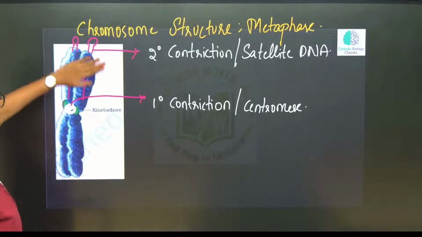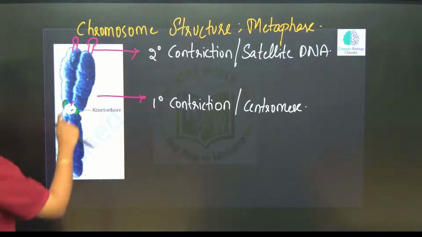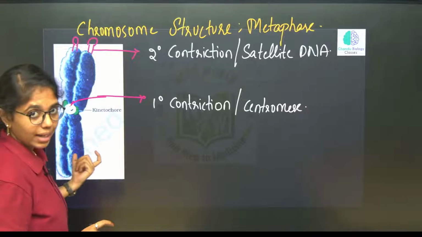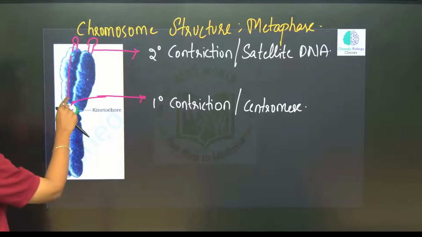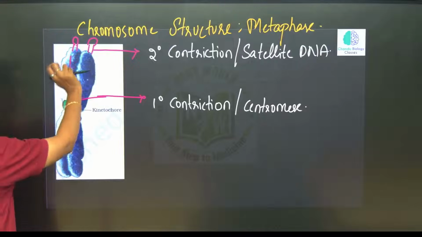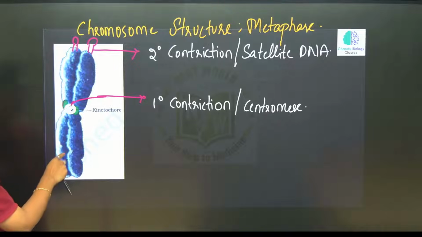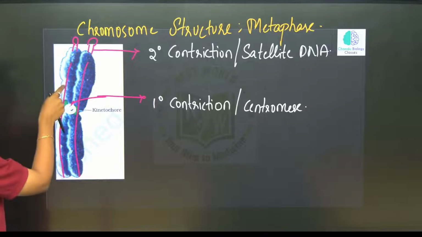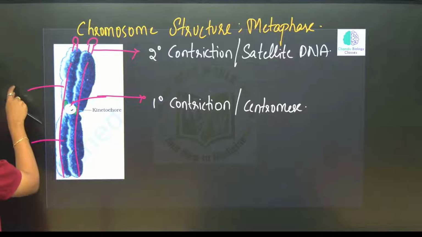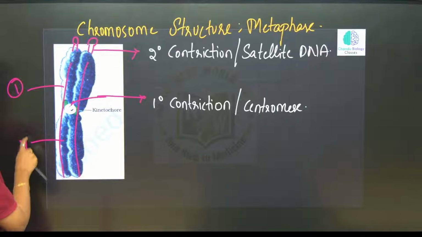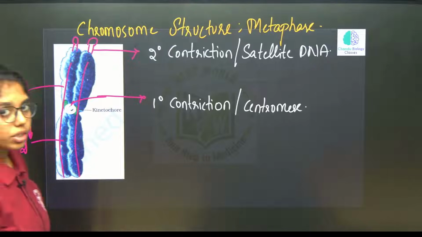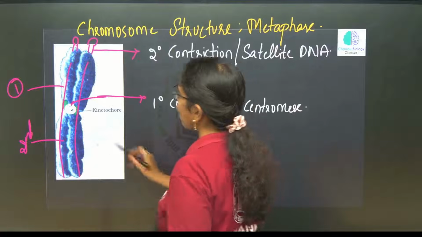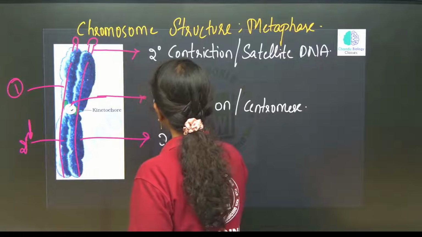In this chromosome, how many chromatids are present? Two chromatids, and each chromatid has two arms, the first arm and the second arm.